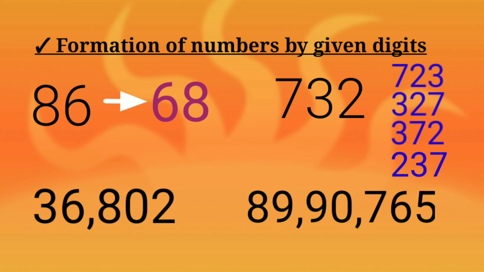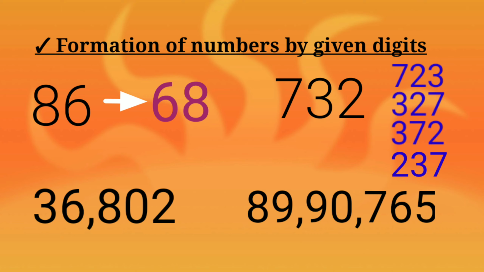So as you can see this number, 36,802. In this, 3 can go here also, 3 can be placed here also, 3 can also be placed here, 3 can very well be placed here also. So you play around with the digits because you have more places to place them.